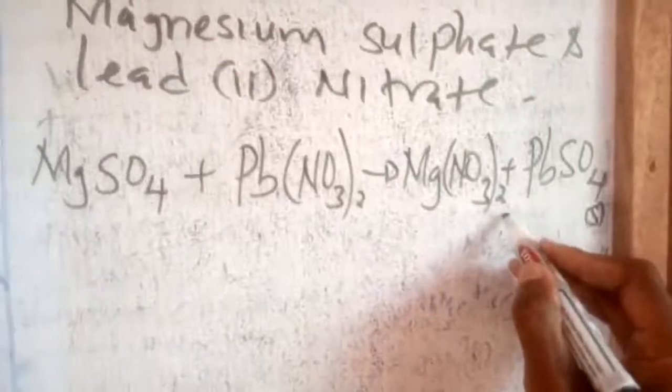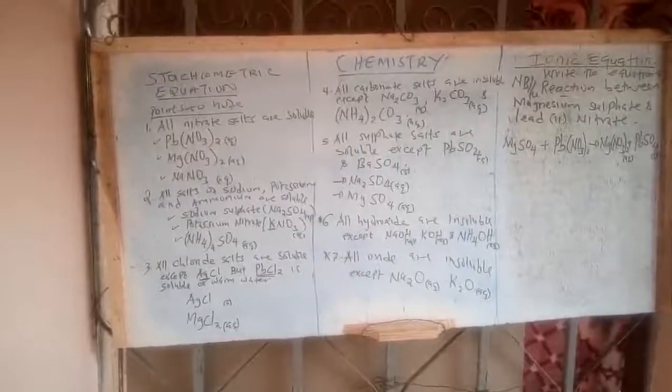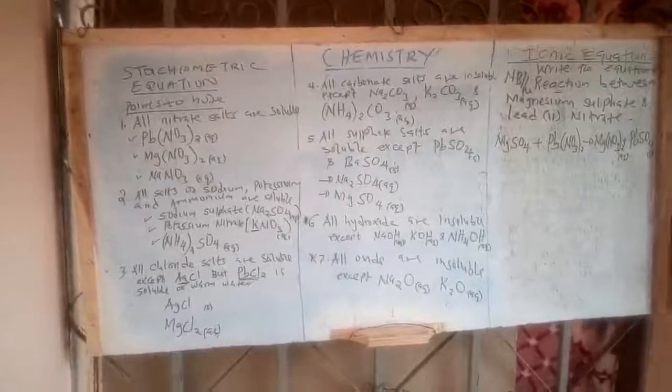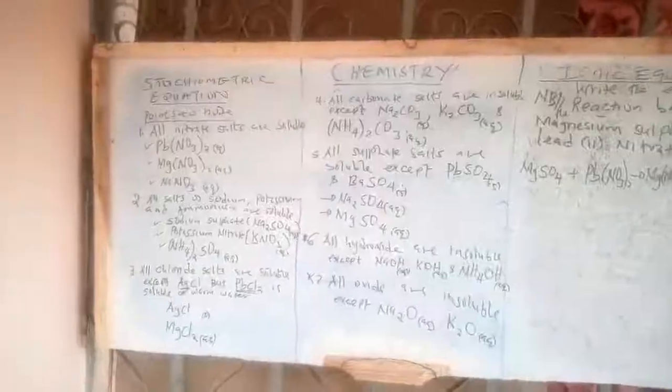All nitrate salts, I said they are soluble. From point number 1, you can see it is well illustrated that all nitrate salts are soluble, meaning that magnesium nitrate is a soluble salt. What about lead nitrate?